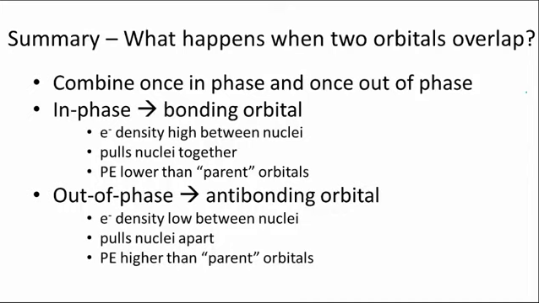All right, so the question is, do in-phase and out-of-phase both happen when they overlap? And the answer is yes. So every time we create a bonding orbital, we're going to create a corresponding antibonding orbital. In more complicated formulations of molecular orbital theory, it wouldn't be so clear-cut what's bonding and what's antibonding, and you actually involve lots of orbitals in one molecular orbital.